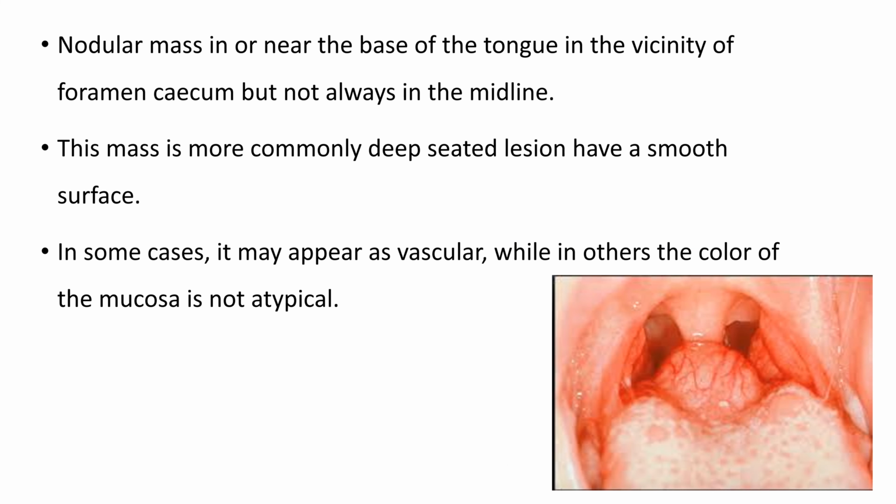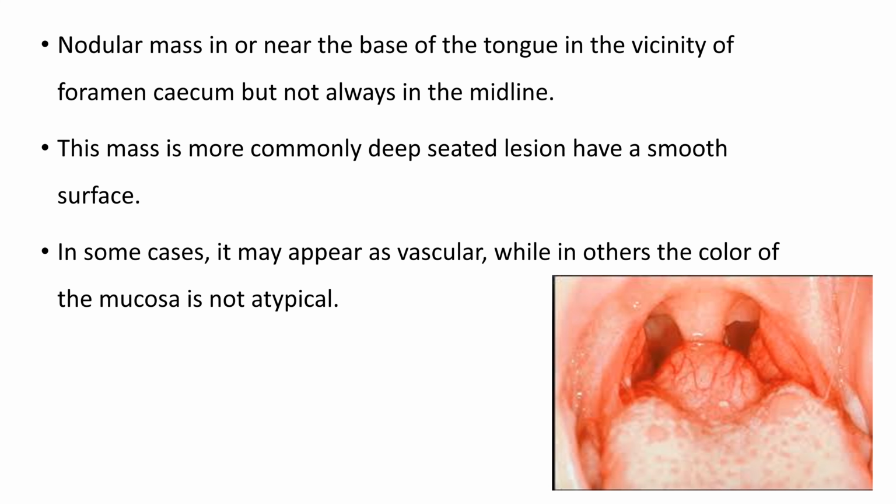The lingual thyroid may be manifested clinically as a nodular mass in or near the base of the tongue in the vicinity of the foramen cecum, but not always in the midline. This mass more commonly appears as a deeply situated lesion and tends to have a smooth surface rather than a superficial exophytic lesion.